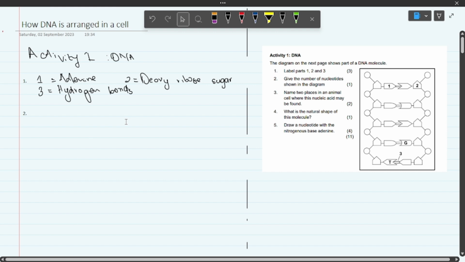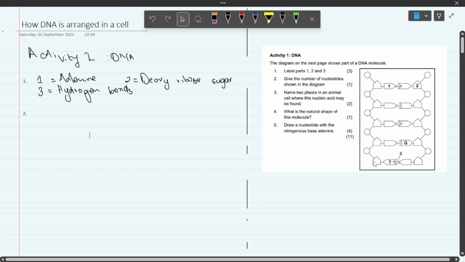Or maybe we'd say that you count how many deoxyribose sugars there are. So it's 1, 2, 3, 4, 5. There are five deoxyribose sugars, right? So it means that to each deoxyribose sugar there is a nucleotide, right?